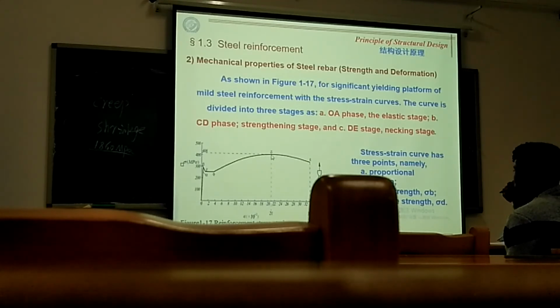The deformation will increase along with the strength increasing. That is not suitable to use for design actually.